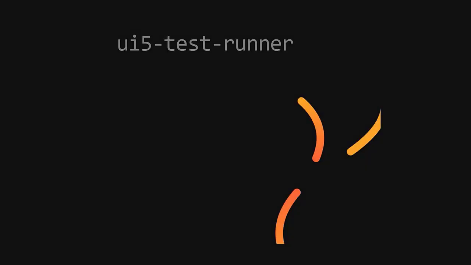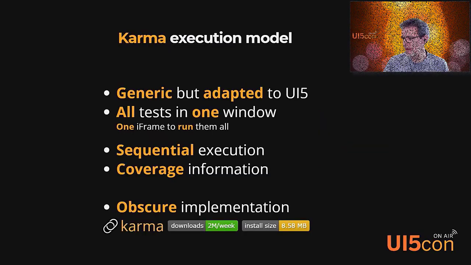So let's conclude this presentation by recapping everything I told you and hopefully convince you that this tool, the UI5 test runner, is really interesting. Let's rewind back to the Karma execution model. Karma is a nice tool. I never said that it was not nice, but it's a generic tool that was adapted to UI5 with some plugin.